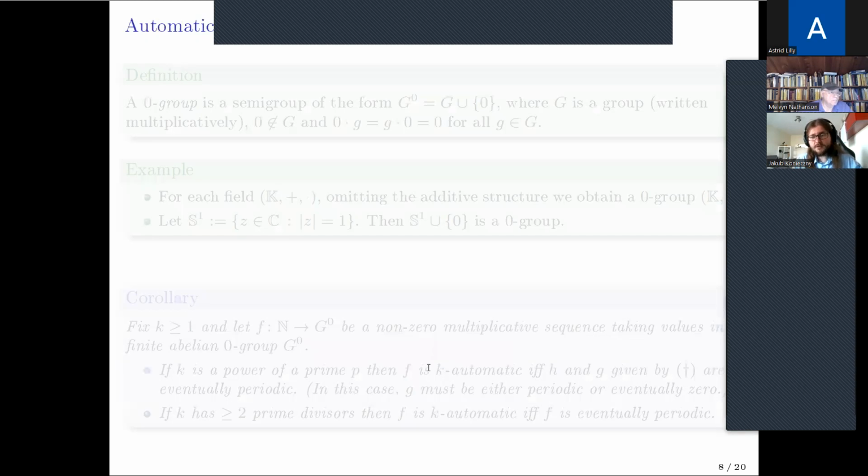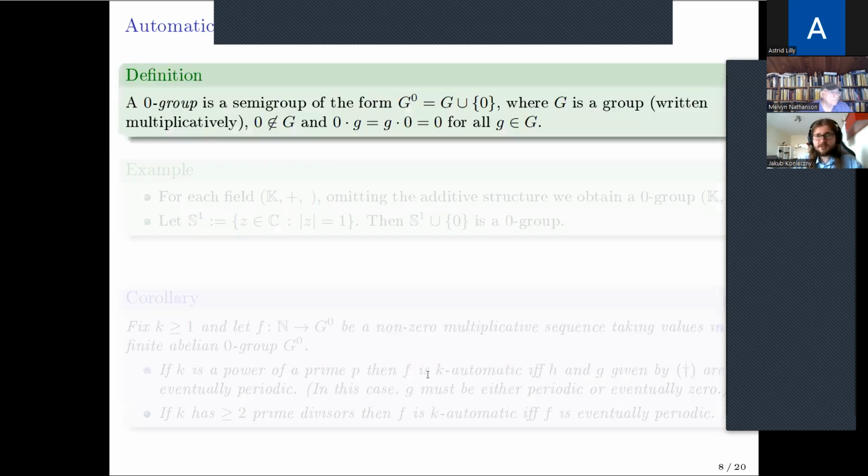Now, for applications to semigroups, I'm going to need a slightly more general version of the statement, which involves the concept of a zero group. Now, a zero group is simply a group to which somebody added a zero. And zero acts multiplicatively just in a trivial way. Anything times zero is zero.